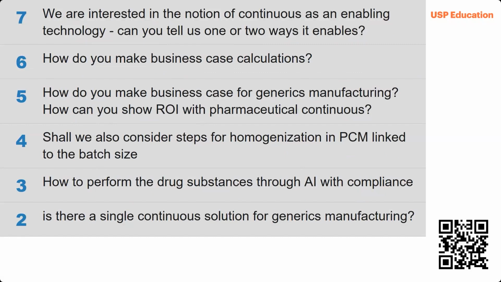Photochemistry is something that is very difficult to scale up in batch. I know manufacturers have been doing photochemistry. It's not something new. However, those who have scaled up the photochemical process would understand the challenges with respect to light absorption, the mixing and all those things. So if you want to do photochemistry in continuous, there are so many options.